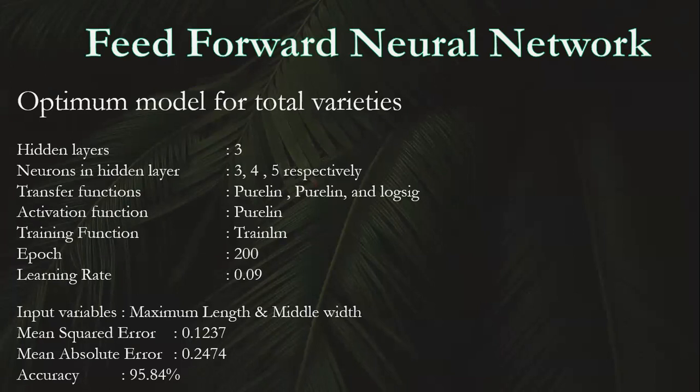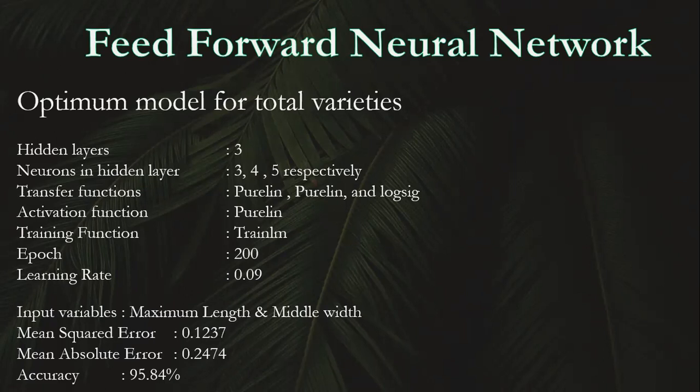Here are the model details for the total varieties using neural networks. Number of hidden layers, number of neurons, transfer functions, activation functions, training functions, approach and learning rate were considered. Input variables are maximum length and middle width.